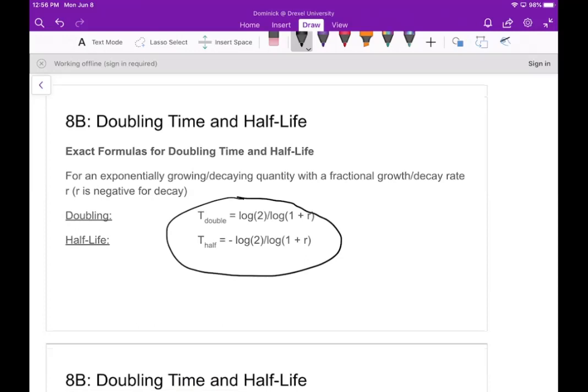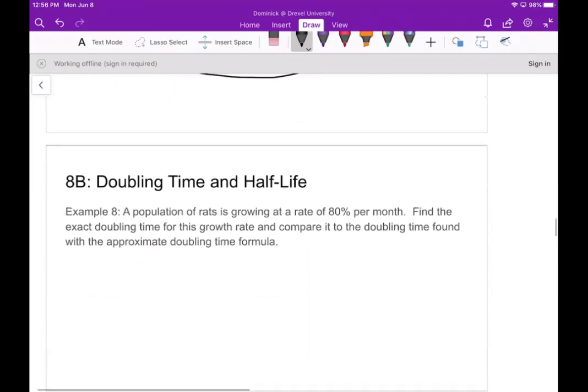So if you're familiar with logarithms, you can use the logarithm key on your calculator to figure out the exact doubling or half-life time. Okay, so let's see that in this example, we have a population of rats that's growing at a rate of 80% per month. We want to find the exact doubling time for this growth rate and compare it to the doubling time found with the approximate time formula.